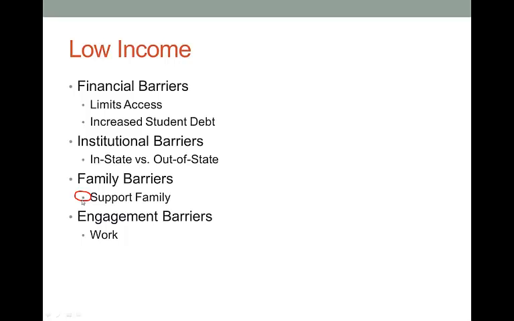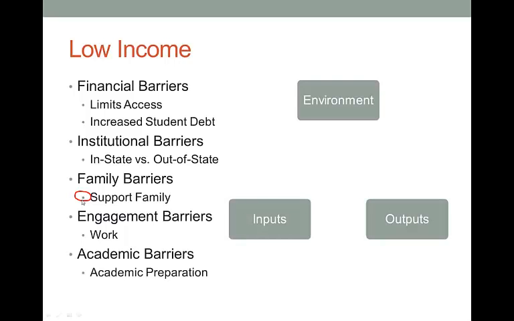Now, working all the time can create some academic barriers. And we know this, that the academic barriers will be a part of the environment piece in the IEO model. Because if they're working 40 to 60 hours a week, their environmental experience is going to be very, very different than a student that doesn't have to worry about that.